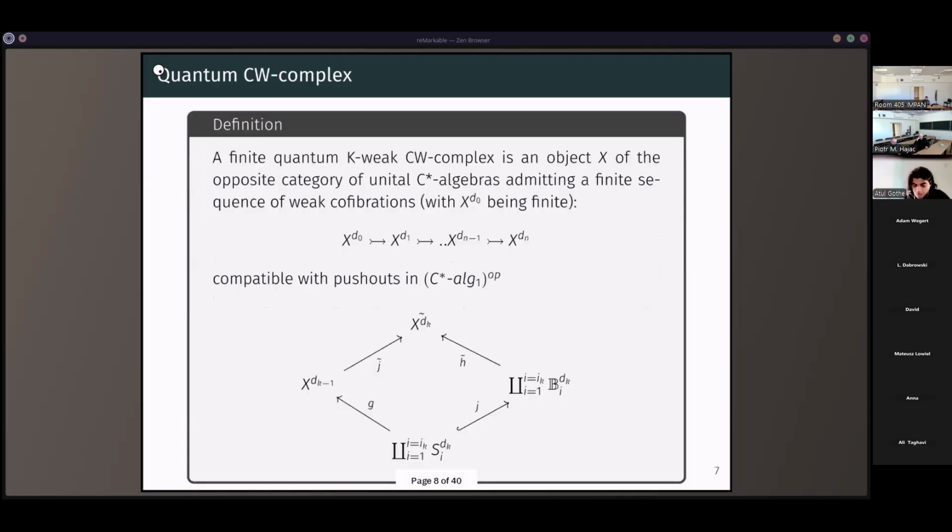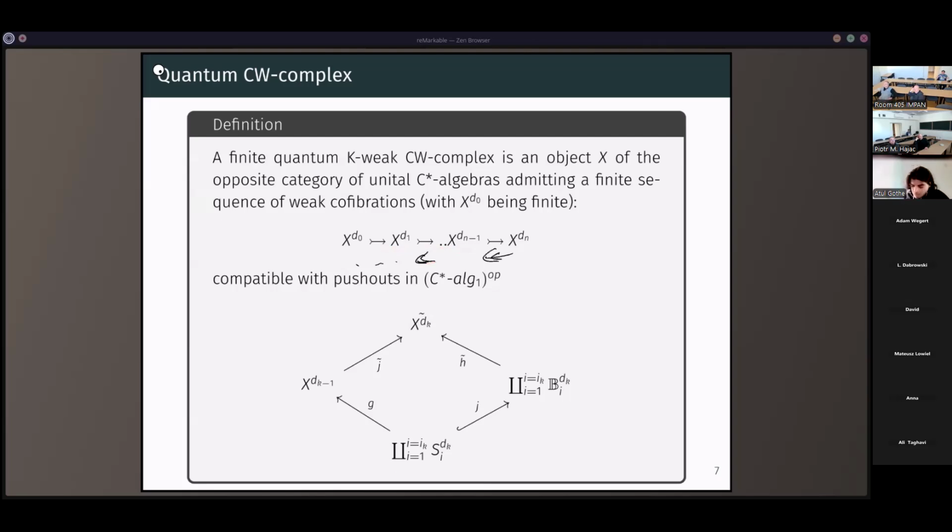So to define this quantum CW complex, a finite quantum CW complex is an object such that we have a sequence of cofibrations X_0, X_1, X_2, and so on. Of course, here the morphisms are in this direction, but on the C-star algebra level, everything goes in the opposite direction.